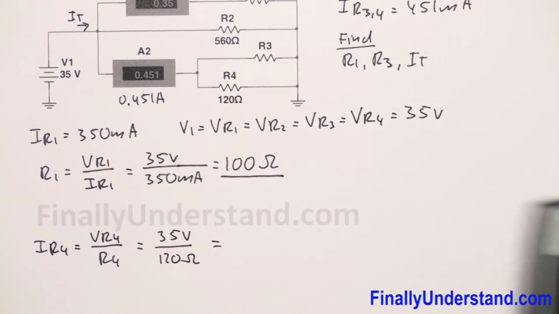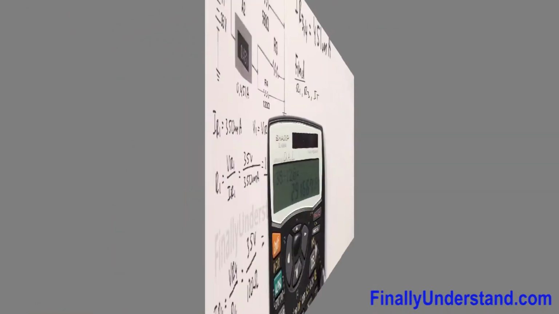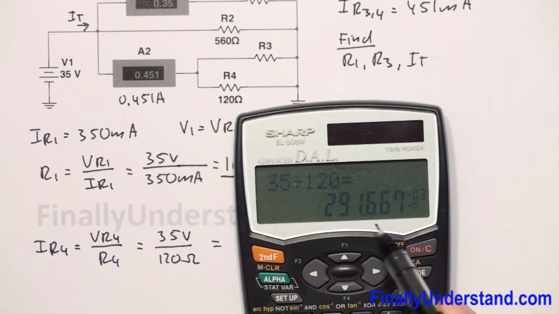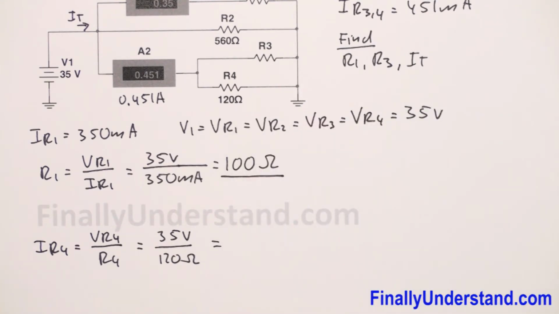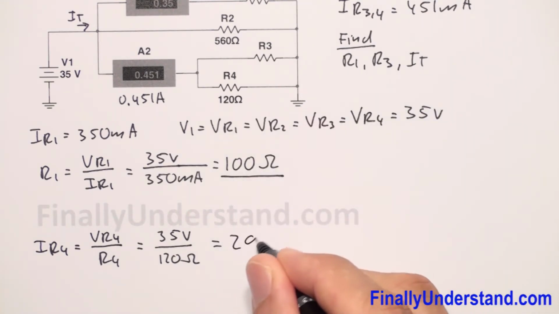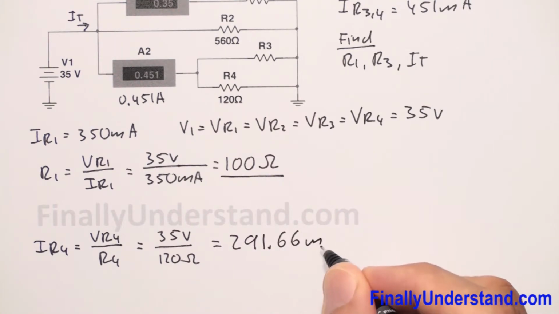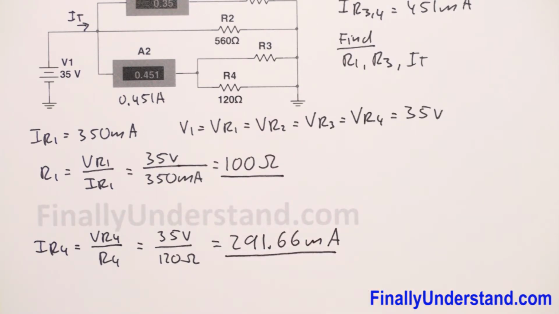So I have 35 divided by 120. This is equal to 291.66 milliamps. So this is my IR4.